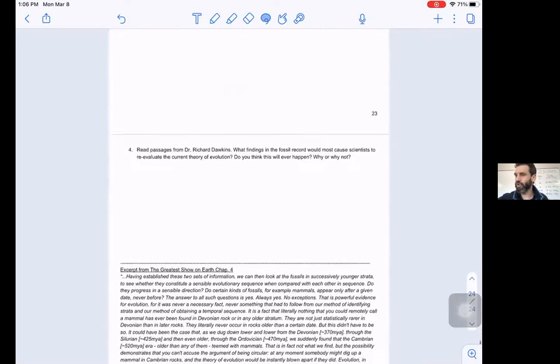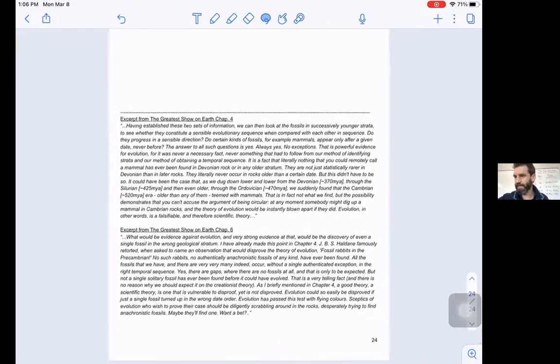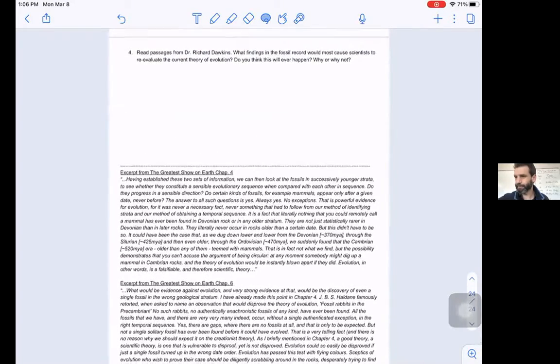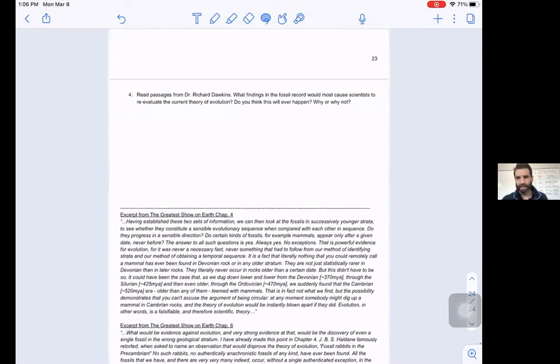And that gets to these passages by Dr. Richard Dawkins that says that the one thing that, if it were ever found, scientists would really need to reconsider their current understanding of evolution would be if you saw the skeleton of a modern animal in older rocks.